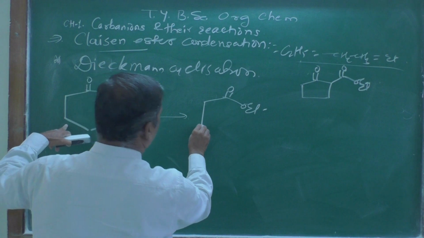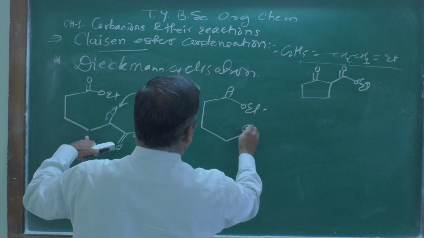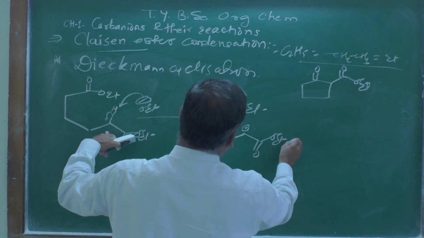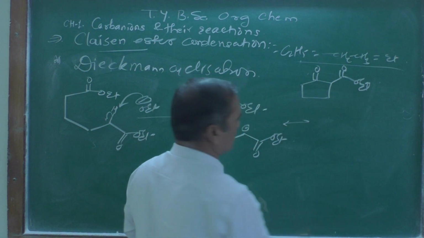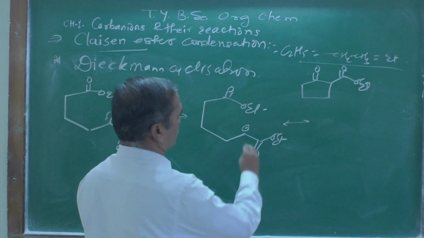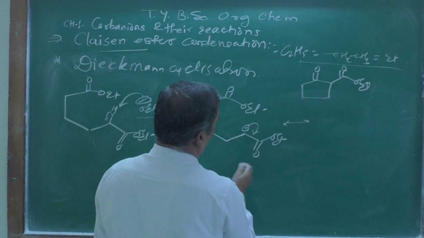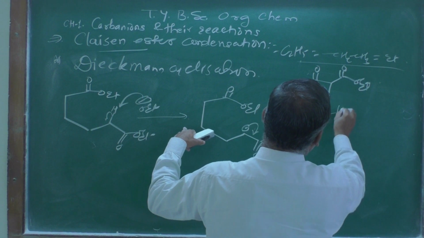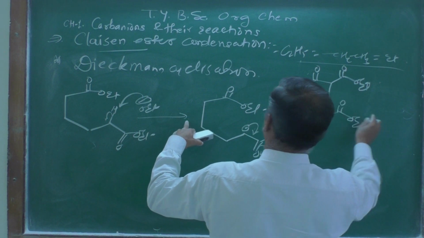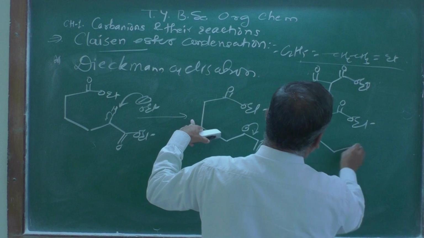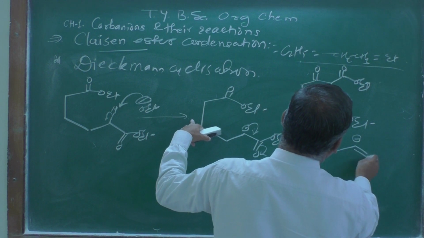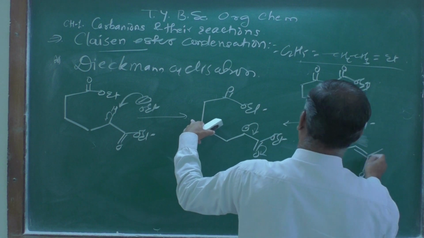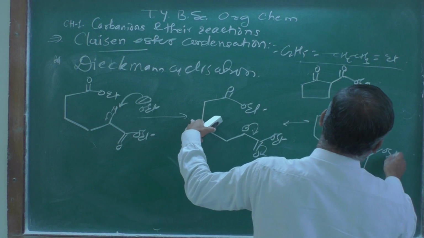This I am writing as it is here, forming a negative charge, then C=O, OEt as it is. Now there is a delocalization, or resonating structure, of the negative charge, so that you are going to get here C=O, OEt, then a double bond, with the negative charge on the oxygen atom, and OEt like this.